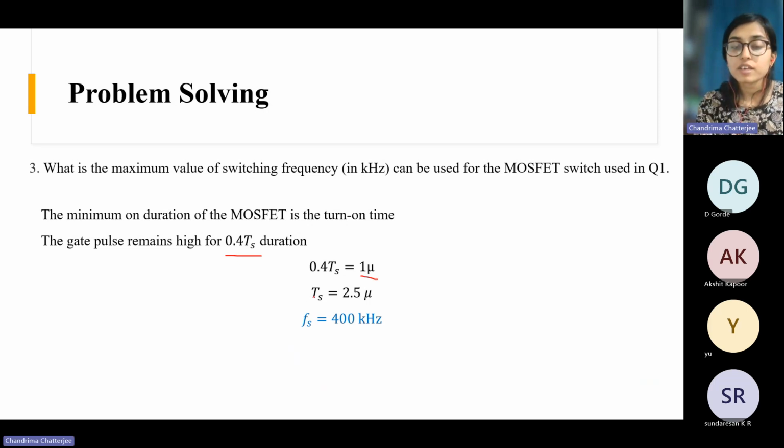So from here you can get the total time period, which is 2.5 microsecond. From here you can get the switching frequency, which is 1 by ts, that is 400 kilohertz. This we have done based on the given data. So this comes out to 400 kilohertz.